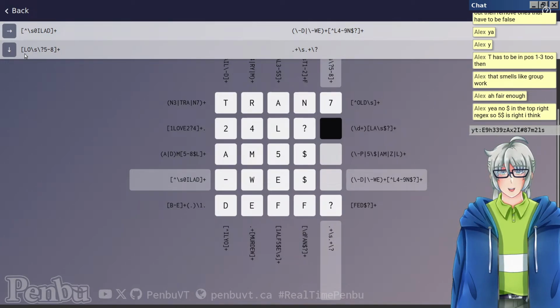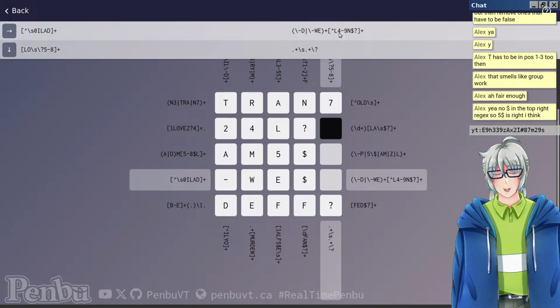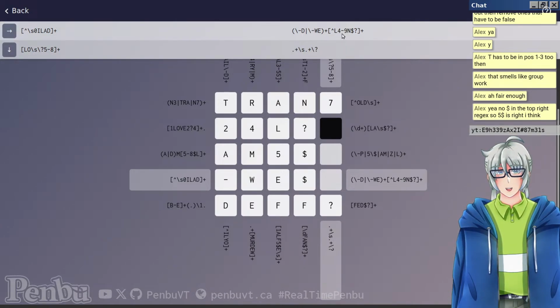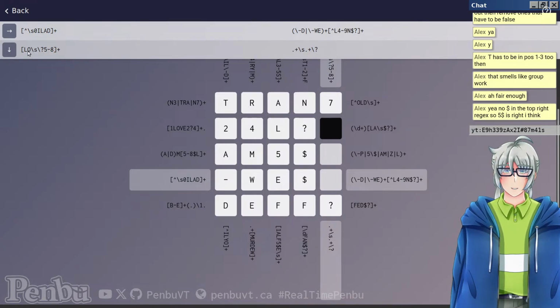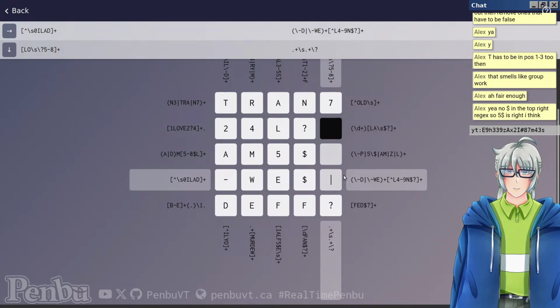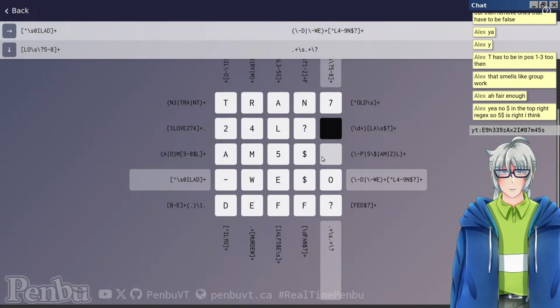So our positive set is LO space question mark 5 to 8. That leaves us with not 5. No numbers. Not an L. Could be an O. Could be a space. Not a space. I think this is an O. One more.